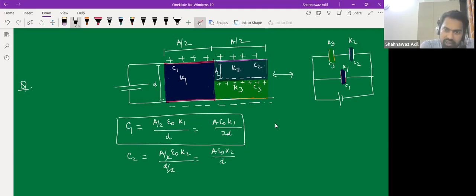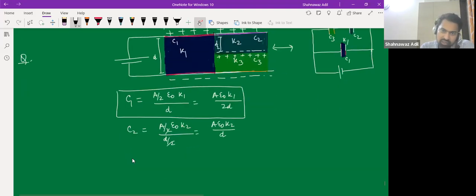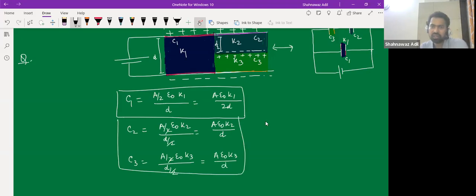And similarly, we have C3. This is also A by 2 epsilon naught K3 divided by D by 2. So the 2 cancels, and this is A epsilon naught K3 by D. So these are the capacitances.